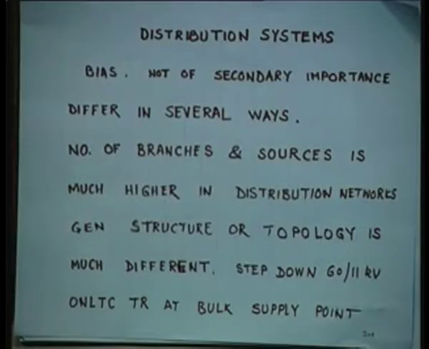Even in books you will hardly find a chapter or so, but let me tell you, there is a bias against it, and it is definitely not of secondary importance. It is as important as generation and transmission, because it is the distribution that reaches out to consumers, customers, industries, and so it should not be neglected.